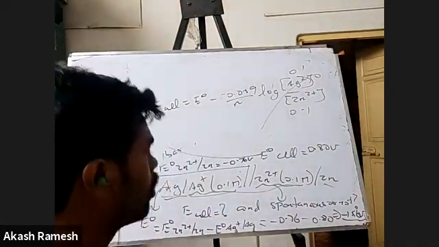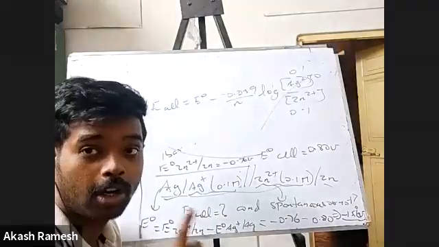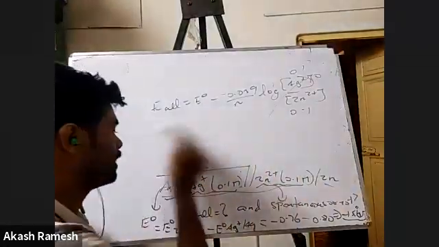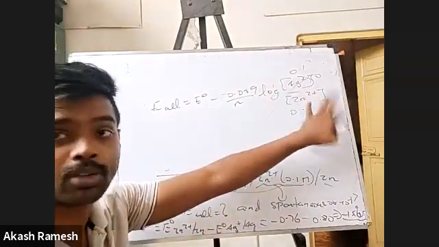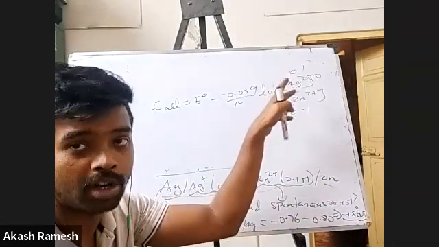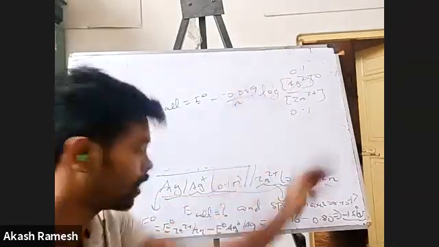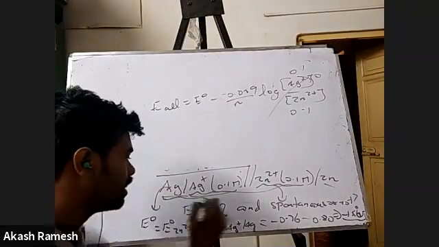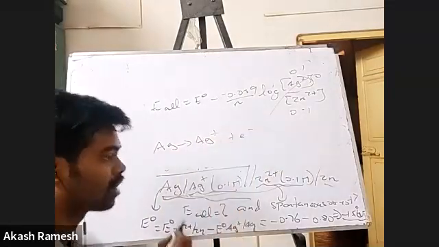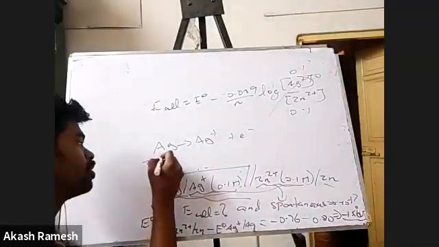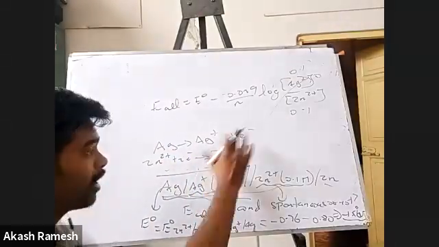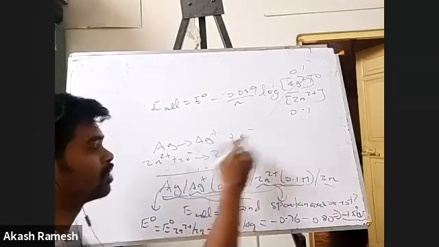Are we doing something wrong? See, small mistakes, very bad mistakes. Whenever you write the Nernst equation and the log of the concentrations, you need to know the overall reaction. How will you write the overall reaction? Here Ag is becoming Ag plus by losing an electron, and zinc 2 plus is accepting 2 electrons to form zinc. You cannot just add the two reactions because there are 2 electrons here and 1 electron there.